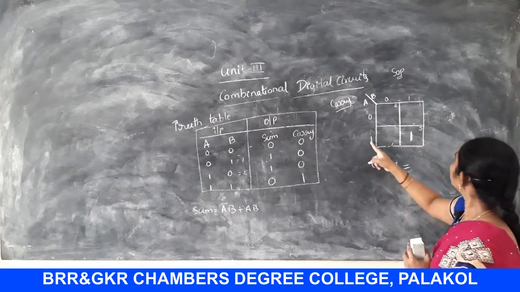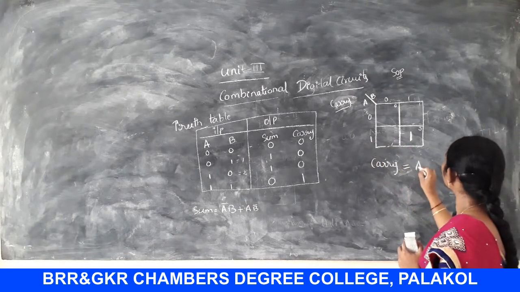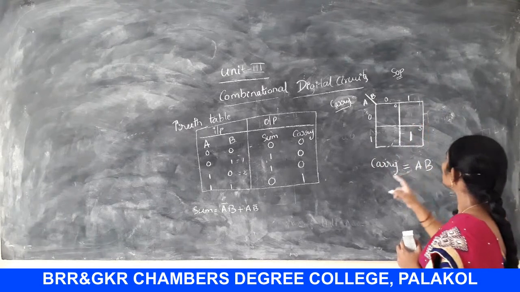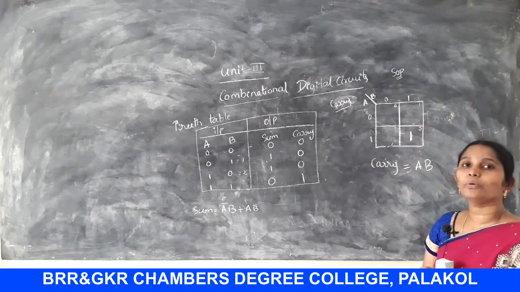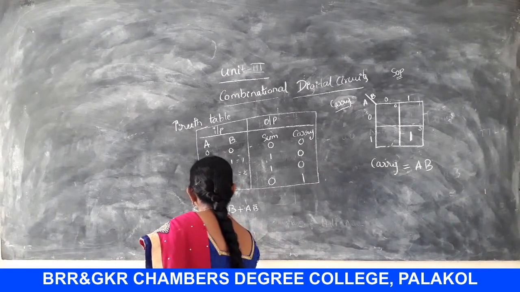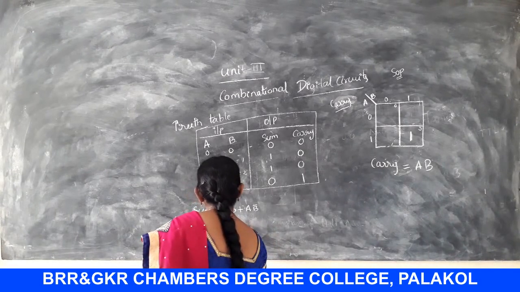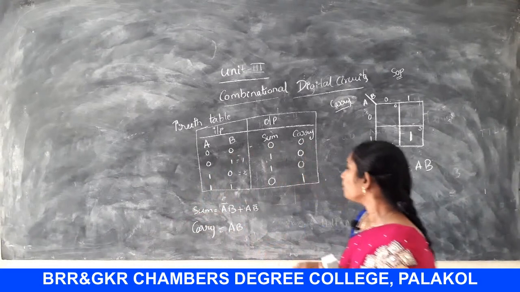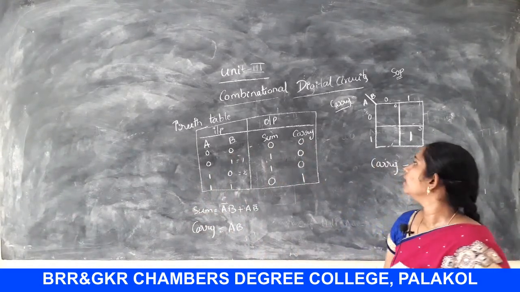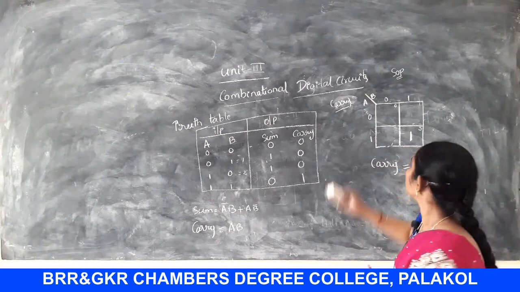Here this is 1, that is nothing but A, and this is 1, that is nothing but B. So the carry equation is equal to A B. Now by using these two expressions we have to draw the logic circuit.